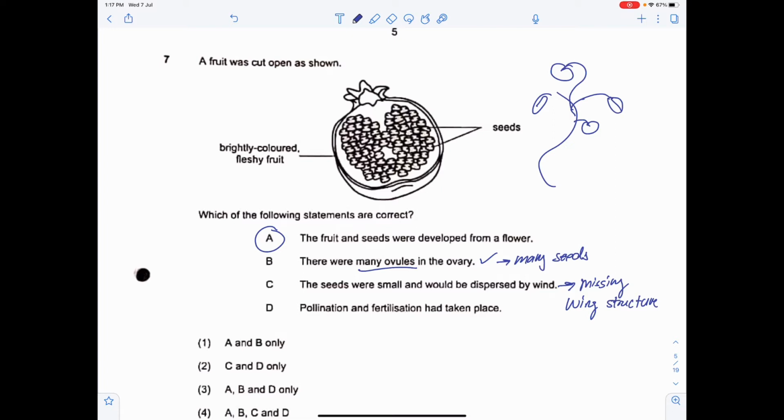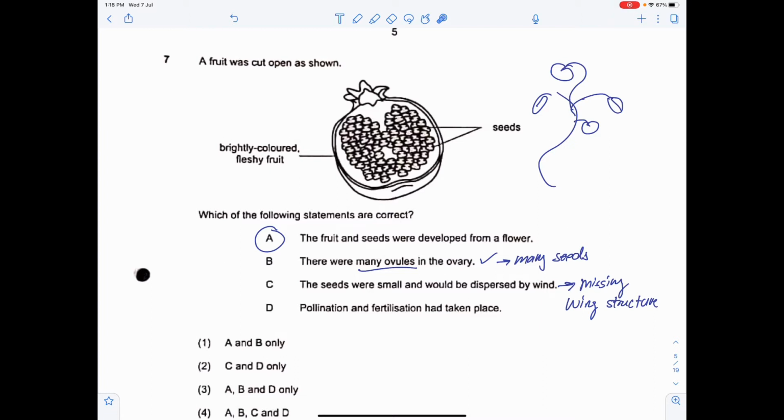Last but not least, pollination had taken place, definitely. Without pollination and fertilization, it would not have happened. Now, on this note, I would like to point out that pollination and fertilization are two different processes, and you need to memorize the definition of pollination and the definition of fertilization.